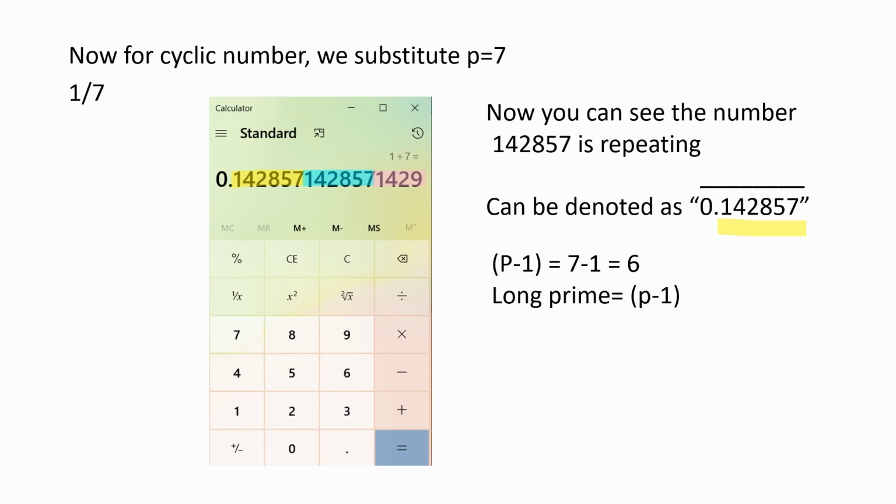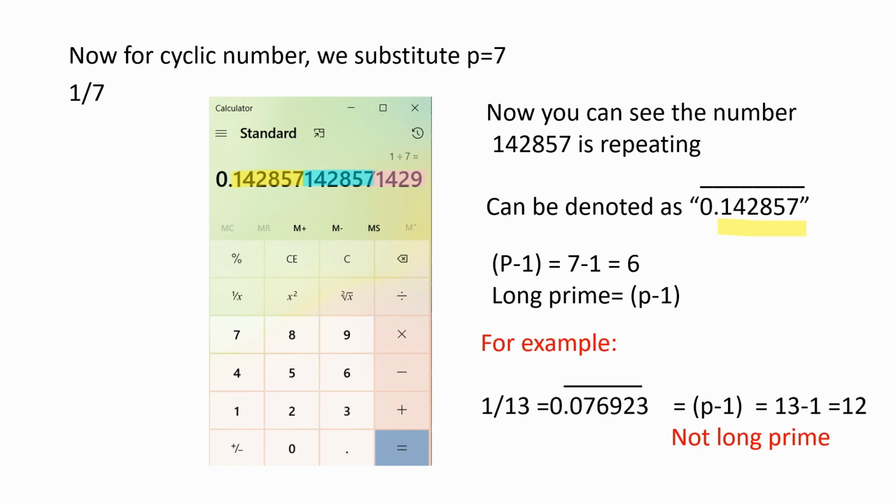So this is called a long prime, and the long prime is always cyclic. Not all primes are long primes. Say for example, 1 by 13 produces only 6 digits that get repeated. So that's not a long prime. 7 is a long prime.